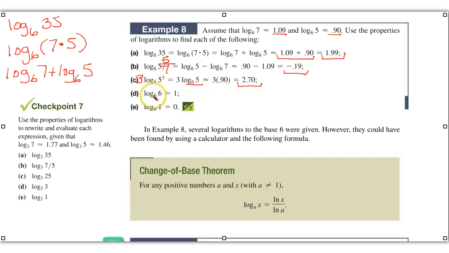Now for number 6, from our definition we had earlier, log base 6 of 6, remember there's a 1 there, we said that just equals 1. So we didn't have to use these. And when we have something like this, the answer, when it's 1, any base has to be to the 0 power to get an answer of 1.